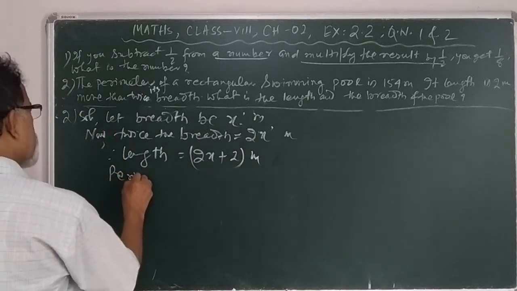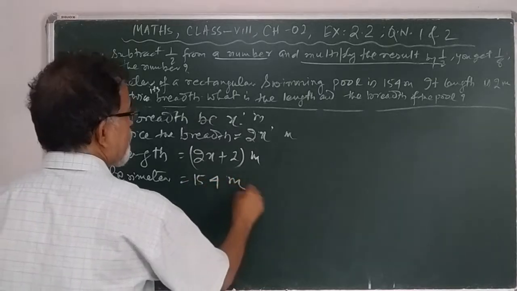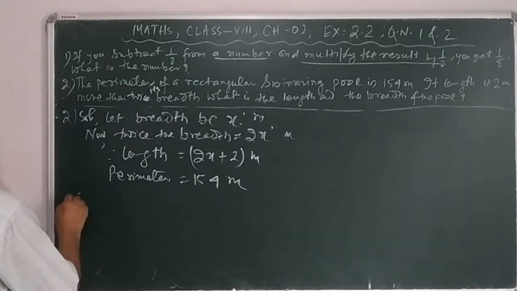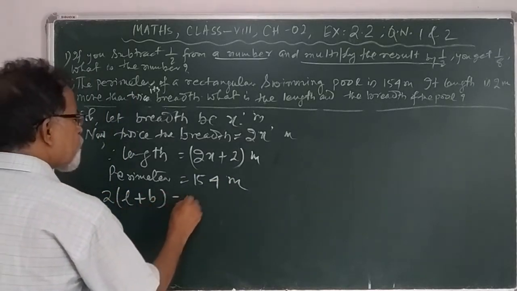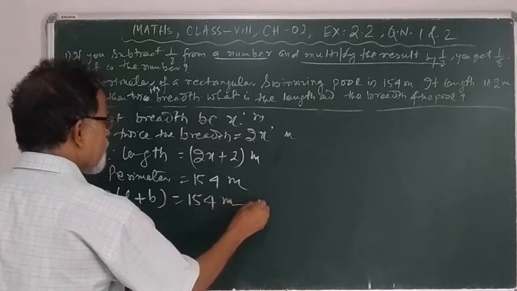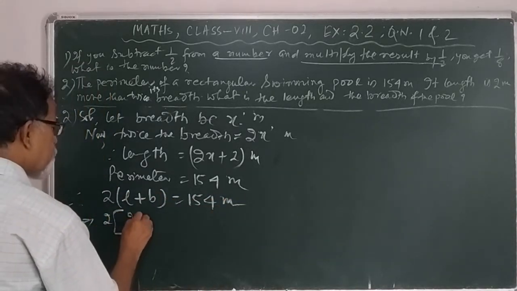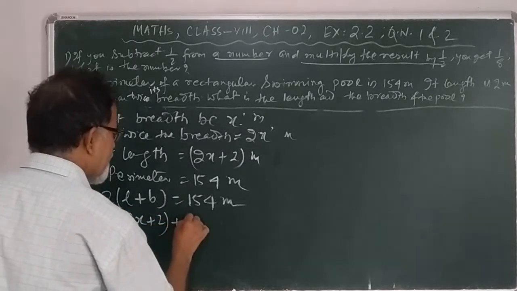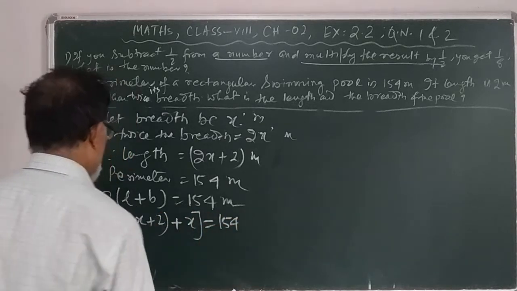Perimeter equal to 154 meter. And what is the formula of the perimeter? Therefore, 2 into L plus B equal to 154 meter. This implies 2 within bracket 2x plus 2, this is for length, and x, this is for breadth, equal to 154.